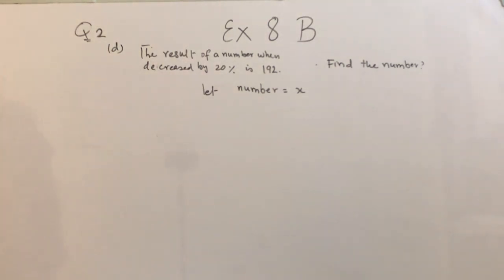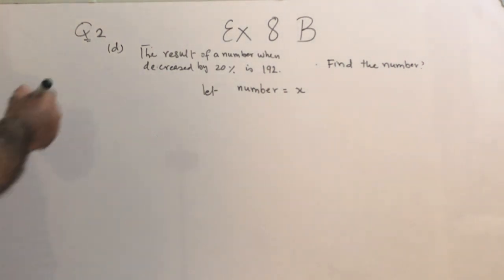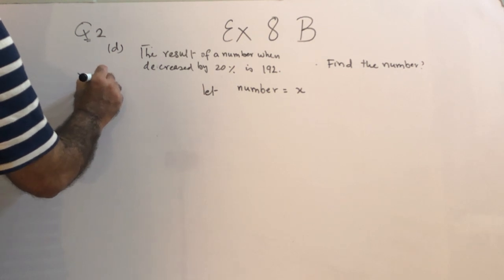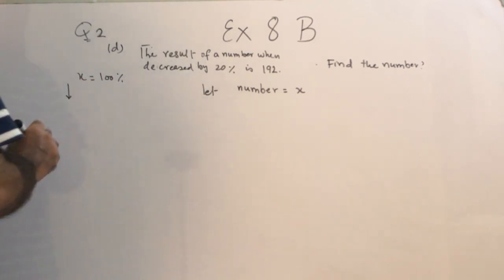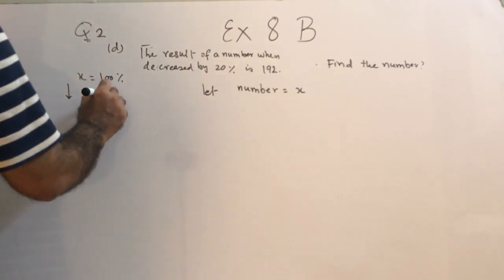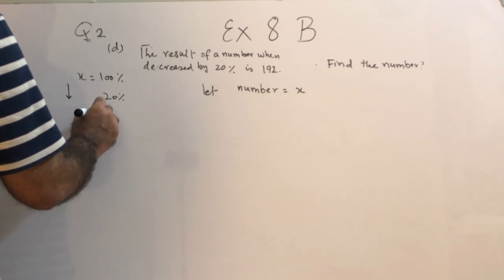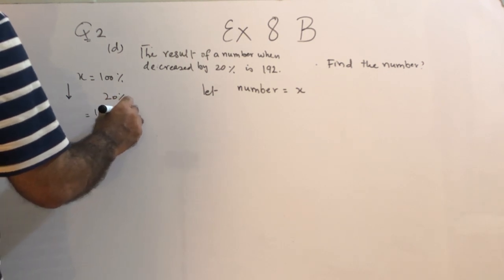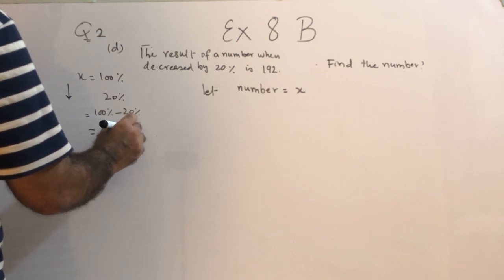So here we don't know the number, so we say let it be x. Then x is itself 100%, but now we need to decrease it by 20%. It will be coming down, so it will be 100% minus 20%, it becomes 80%.